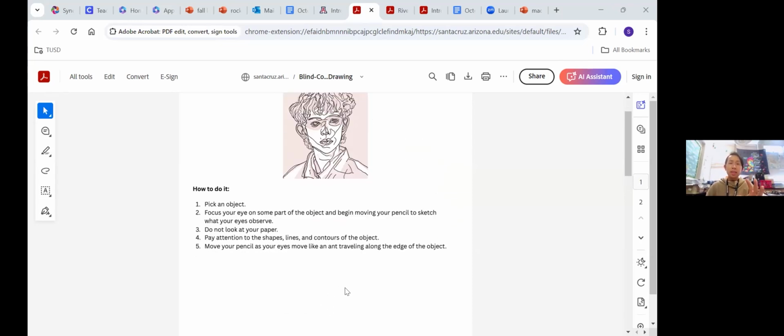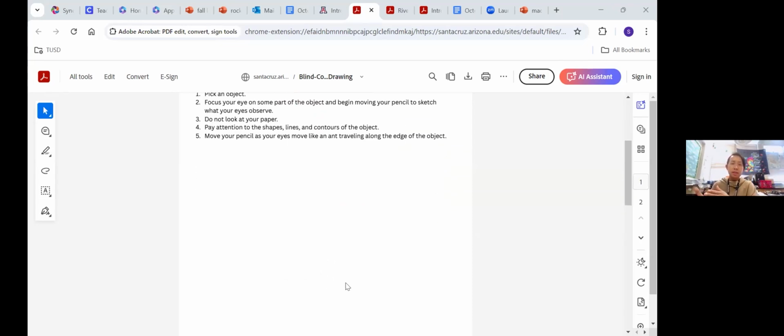This then led into my next activity, which I do want to include as part of this unit: the qualitative and quantitative observation. That's when they had their drawing. Instead of blind contour drawing, I just told them to do contour drawing.